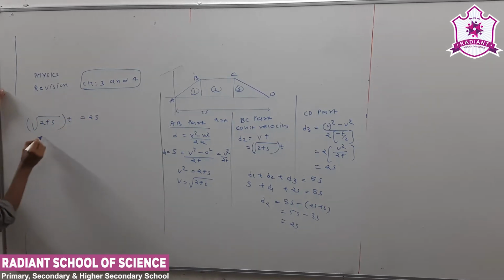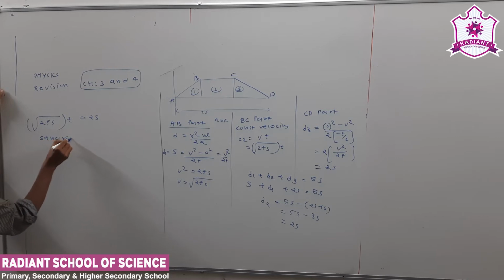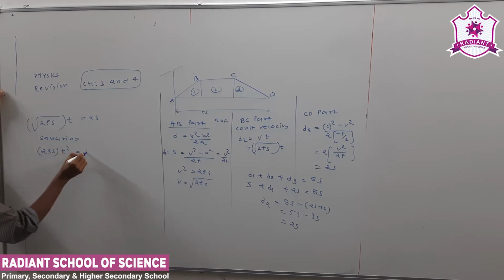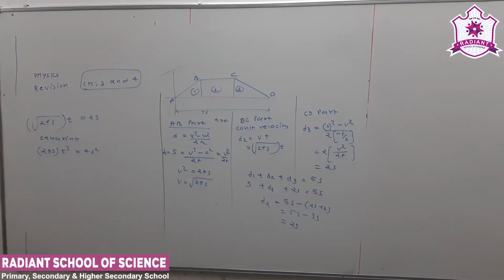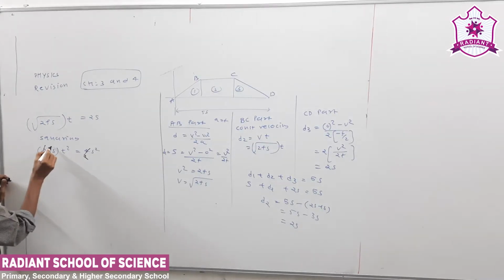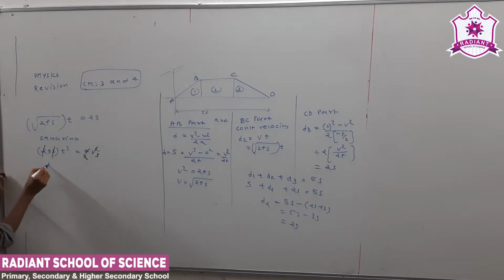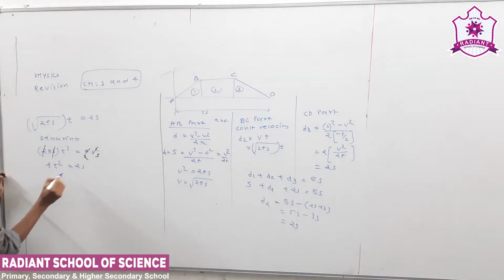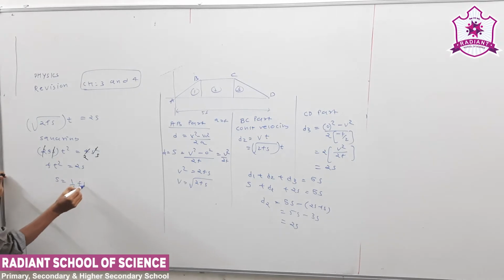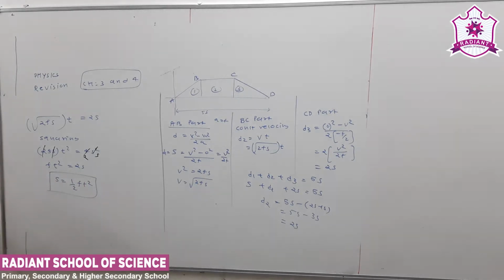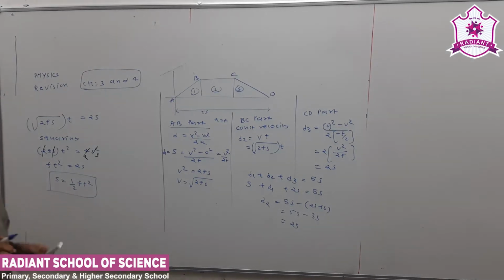If I take square on both sides, 2fs t square is 4s square. Now we can solve. One of the 2s, 2 into 2 is 4. s also will cancel. So we can say f t square is 2s, s is equal to 1 by 2 f t square. So this is the relation between f and s.